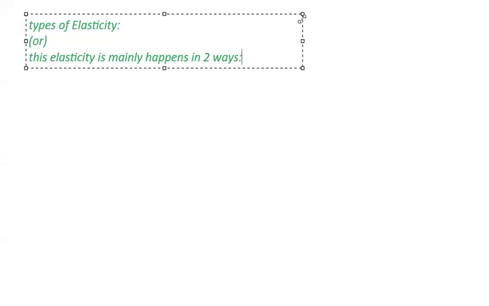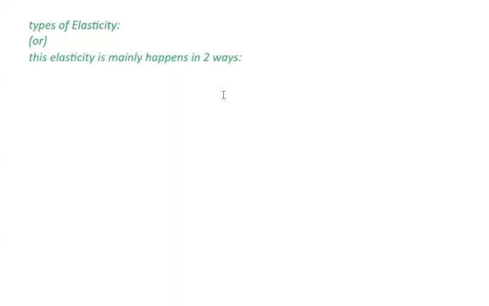Which elasticity is best, and which elasticity is the cloud using for which operation? It is very essential for us to learn. So now let me tell you the two ways to achieve this elasticity.